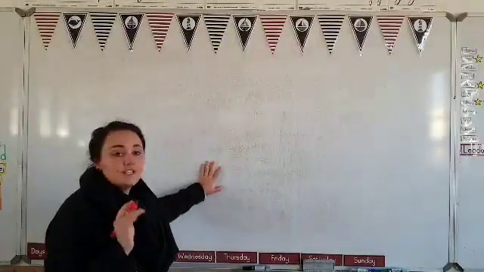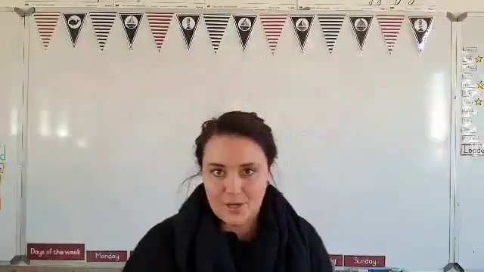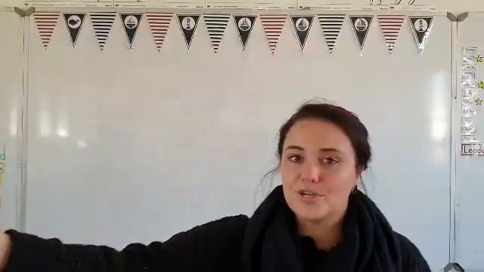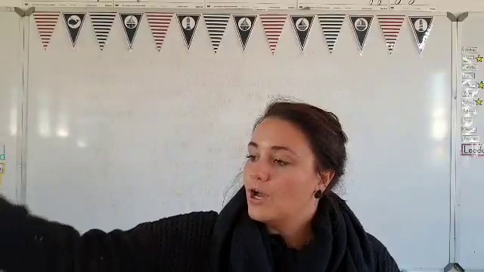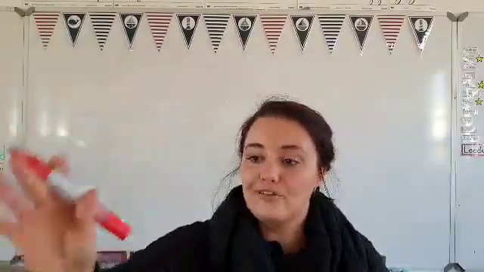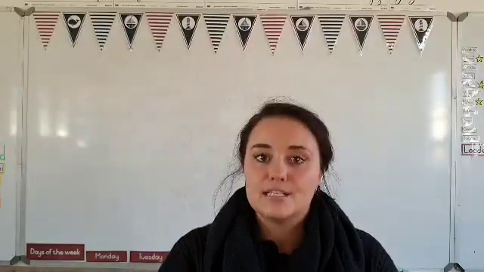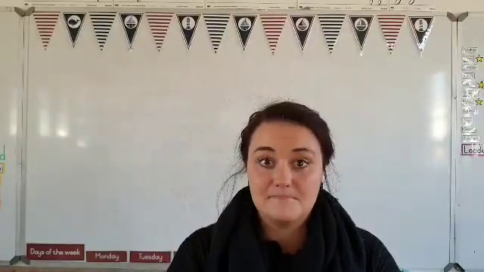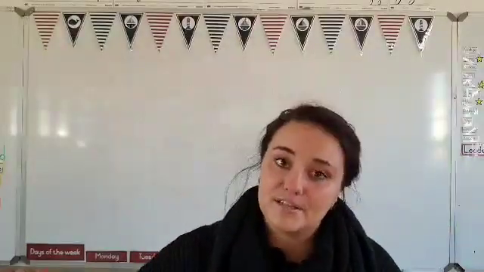Okay, so let's think of our classroom. Okay, if I'm looking at the classroom now, at the left I have 1, 2, 3, 4, 5 tables. Each table, let's say, has 2 chairs. And I want to know how many chairs are there all together in that row.